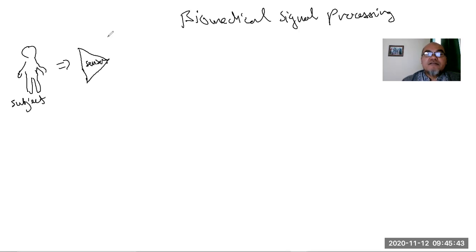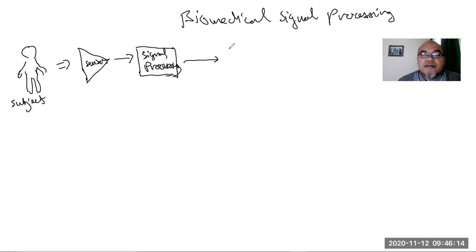The sensor will convert this into a mostly electrical signal, and as you have also seen from the video, the link that I gave in the group by an Indian lecturer, from here there will be signal processing before the signal can be displayed.